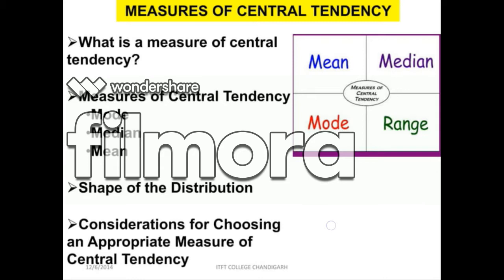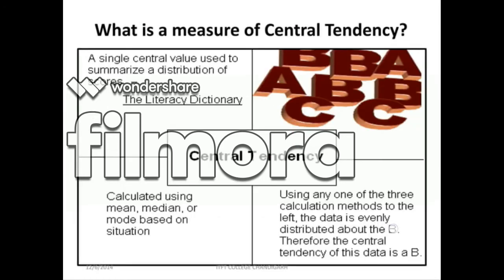For example, in the picture here, we have B, B, A, B, B, B, C, C. Using any of the three calculation methods, the data is evenly distributed about the B, therefore the central tendency of this data is B.